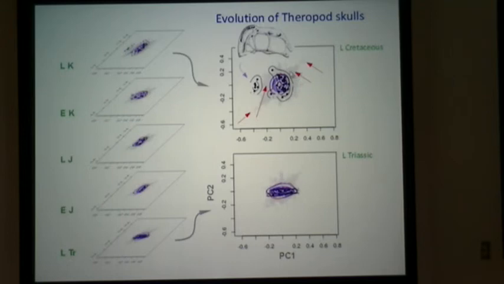What it's telling us, though, is that there are places where theropods just don't evolve into. So maybe there's something really cool going on here in terms of developmental and or functional constraints. There's one group, oviraptorids, or oviraptorosaurs, which actually evolved out of the expected range. And to give you an idea, for the front end of the skull, it's actually to the left.